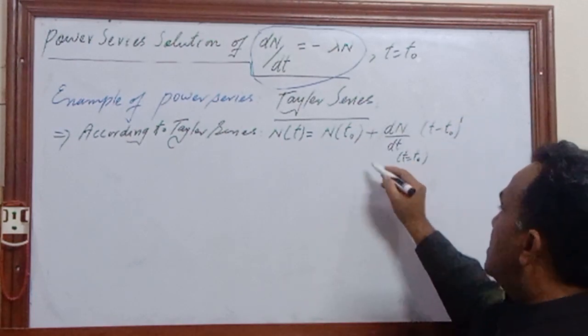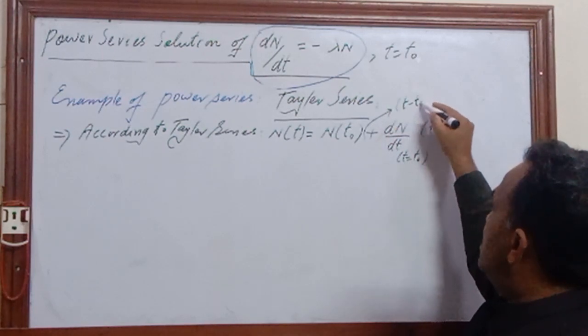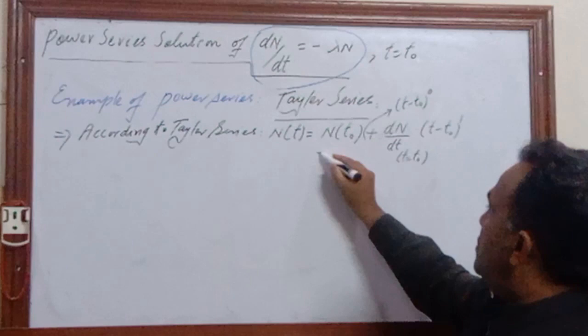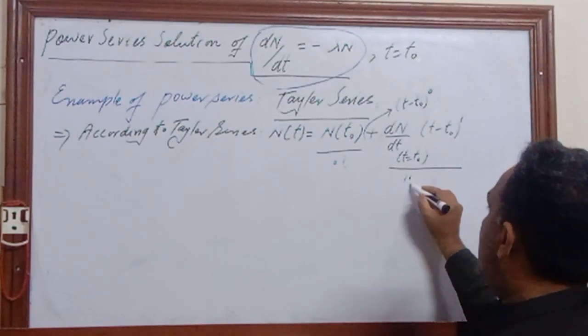Keep in mind we can also take the factor t minus t naught to the power 0 over 0 factorial, and here 1 factorial.